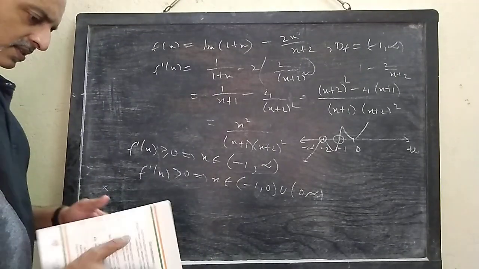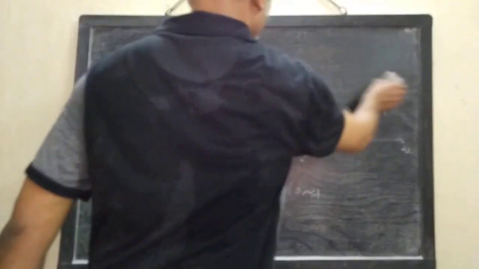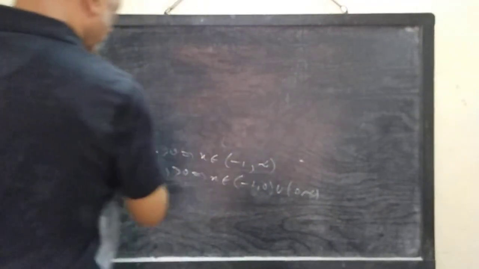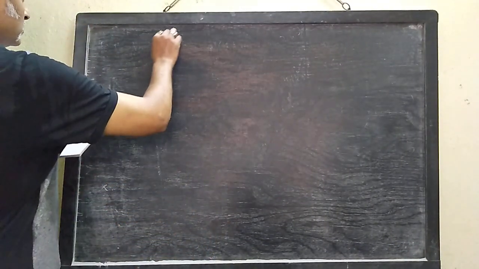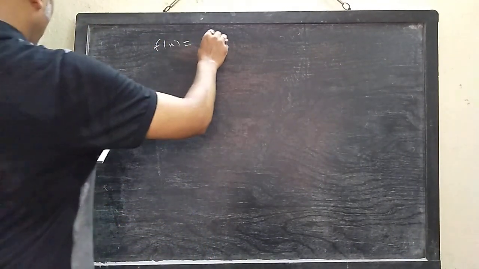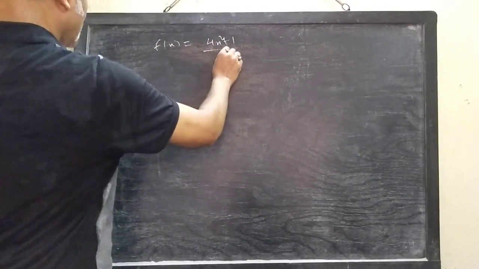Next, let us consider the function f(x) equals to 4x square plus 1 by x.